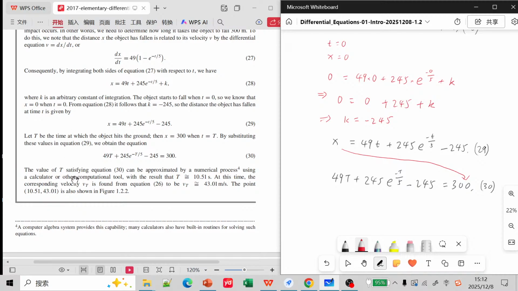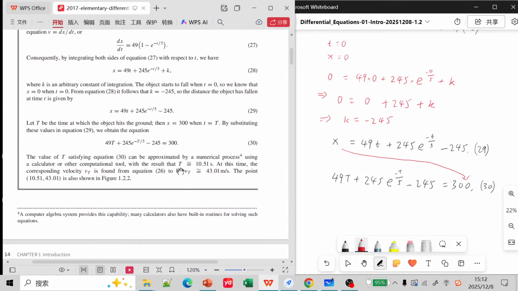The value of T satisfying equation 30 can be approximated by a numerical process. A computer algebra system provides this capability. Many calculators also have built-in routines for solving such equations using a calculator or other computational tool, with the result that T is approximately equal to 10 seconds.